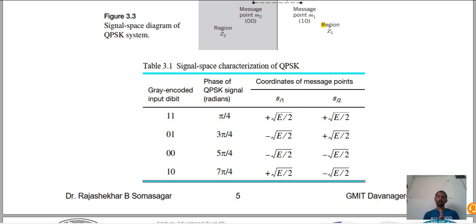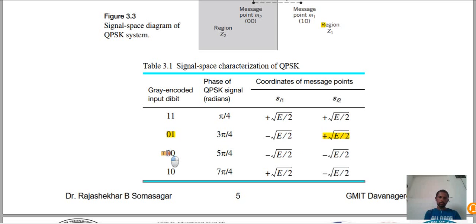And for 0 1, here 0 represents the negative and 1 represents the positive. So Si1, the first symbol is 0, so the first signal here is negative energy, and the second bit is 1, and it will be considered as positive energy.